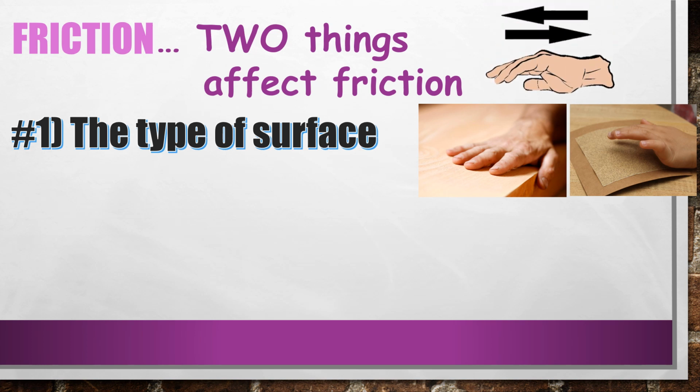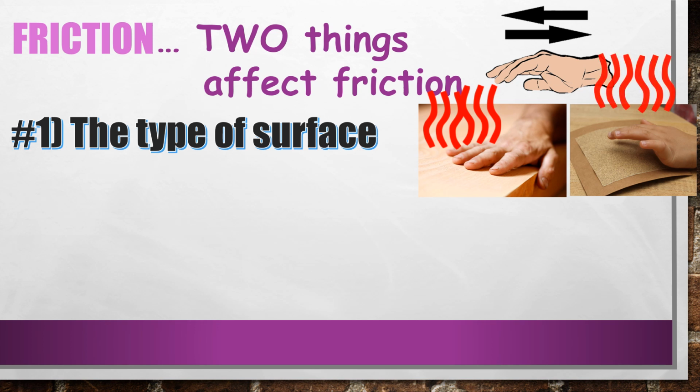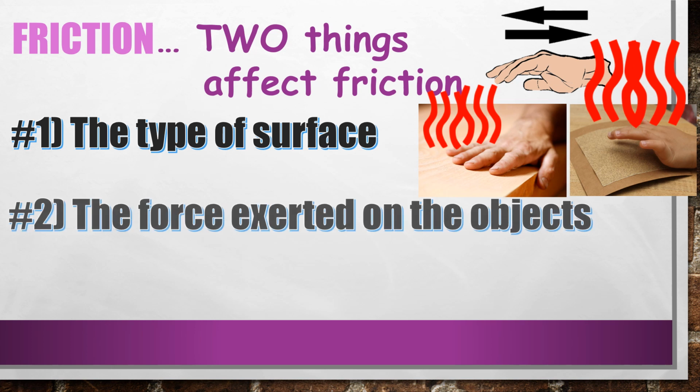So the smoother the surface, the least amount of friction, or the least amount of heat, I'm going to create. But if it's a rougher surface, it starts out already with a greater amount of friction. Therefore, if I rub it at the same speed, I'm going to get a lot more heat from it.